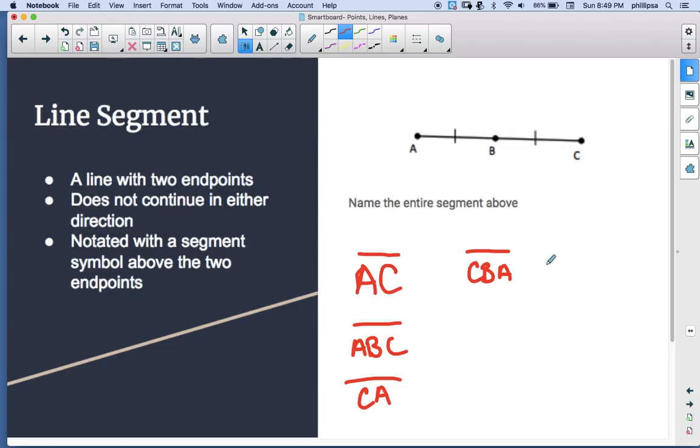Now, if you were to refer to segment BC, it is simply from this endpoint to this endpoint, so it would not be the entire segment. Segment AB would be in blue, segment BC in red. The entire segment would be AC, or ABC, or CBA.